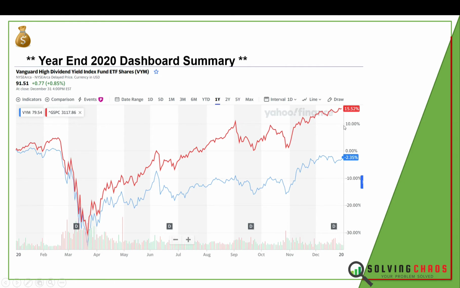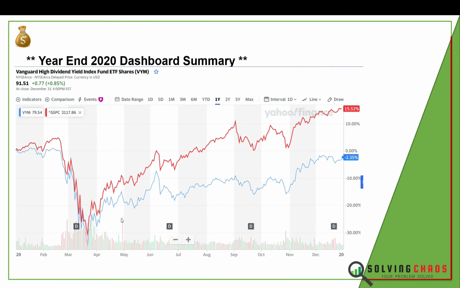At the end of the year, it only returned minus 2%. And you see that means you're losing 17 points on the spread here, which is a bad thing. And I'm assuming this particular ETF got hit because of the very thing that I was just telling you. Dividend stocks in general did not do so well.